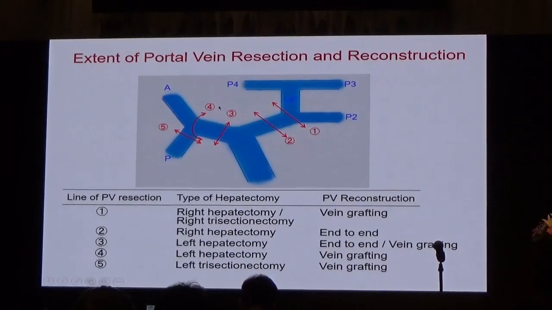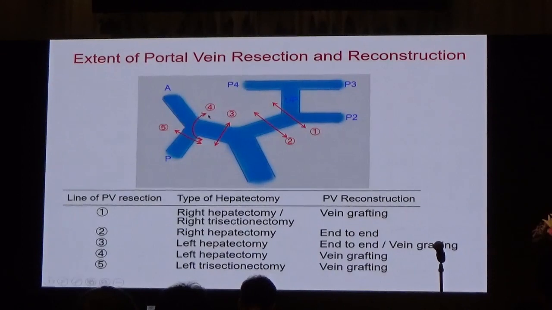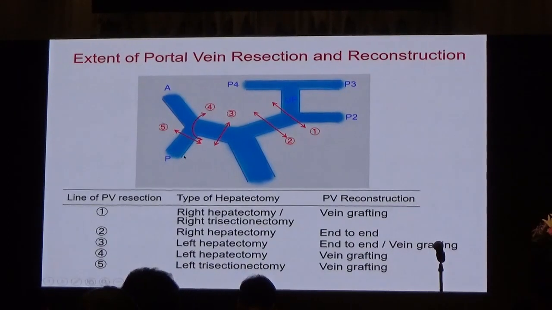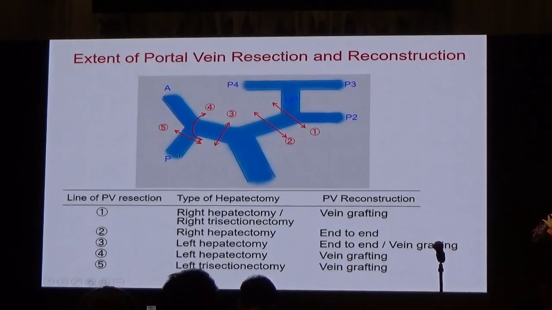And in the left hepatectomy, here, and or here in left trisectionectomy, the right posterior portal vein branch. And sometimes in this type of left hepatectomy, vein grafting may be necessary.